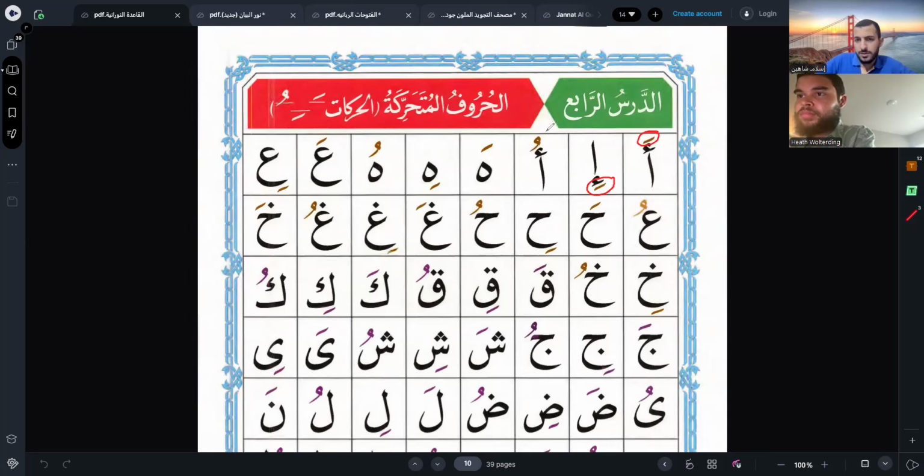The dhamma is like a small waw sign that gives oo. So with alif, I would say a, e, oo. For the ha, according to the vowel, I will say ha, he, hu.